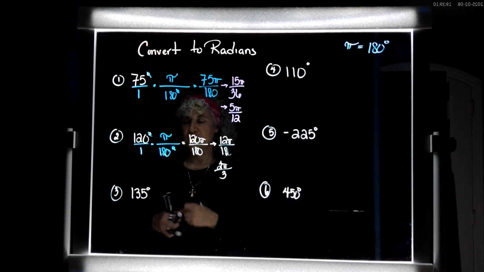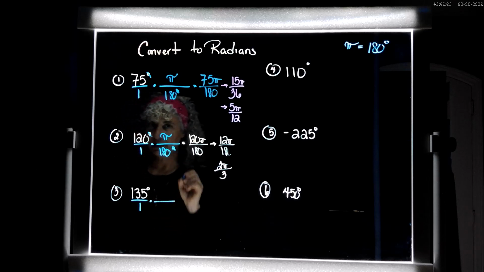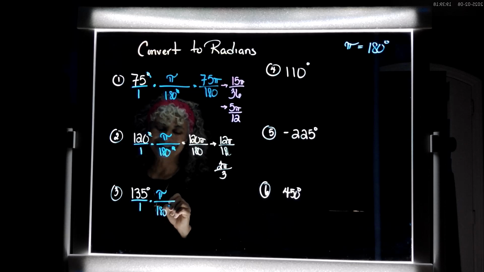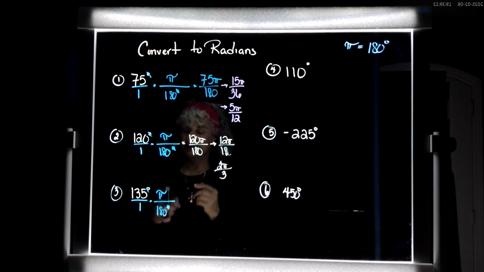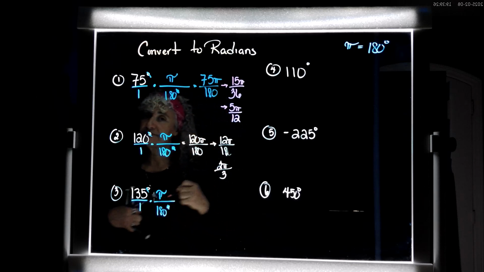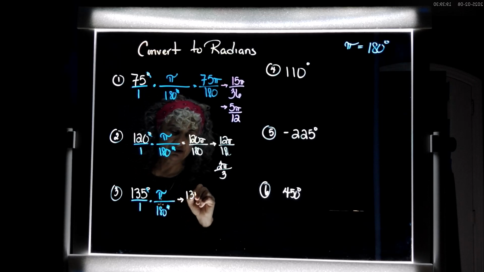Okay. Talk to me about number 3 then. Put a 1, multiply. Some of you are like, I'm just going to put pi on top and 180 degrees on the bottom so they can cancel. Okay, gotcha. Some of you are like, well, the most challenging part is actually just doing the reducing.